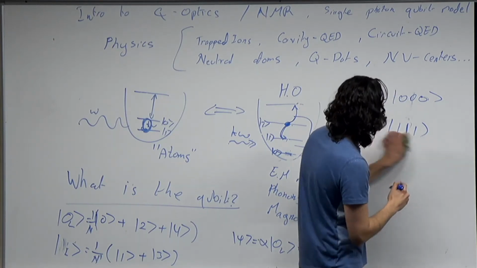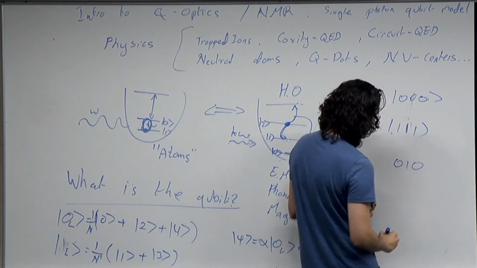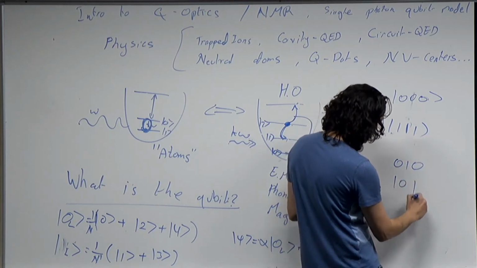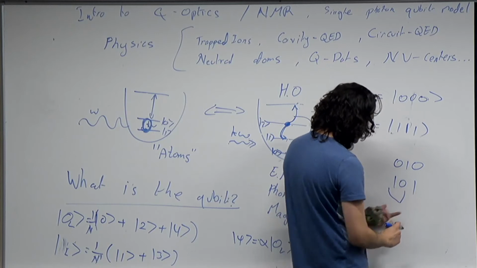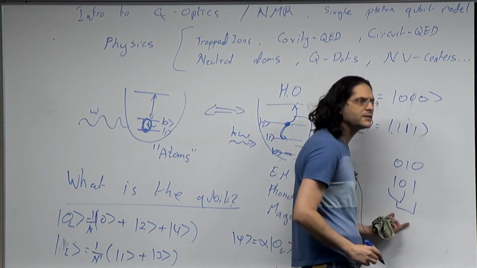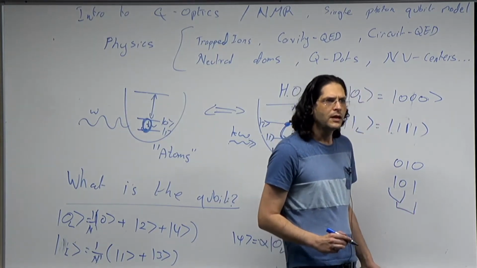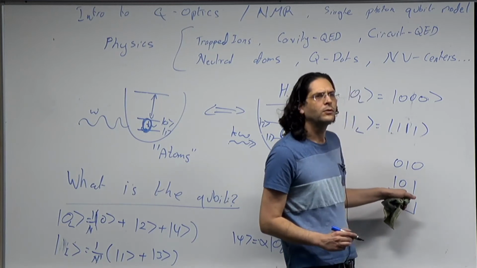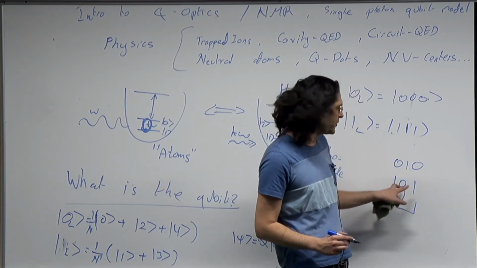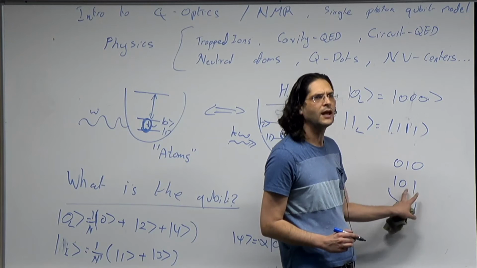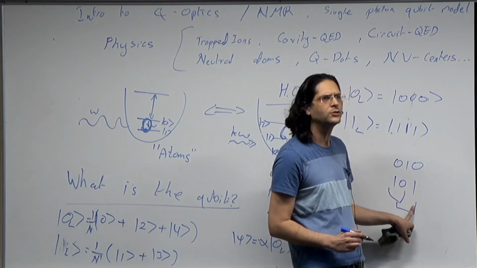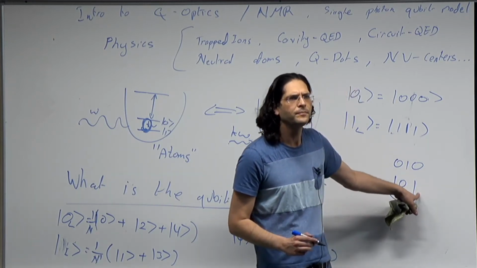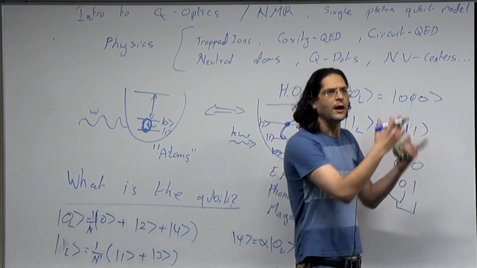You ask these two, are you the same? And you ask these two, are you the same? If both tell you no, you know the middle qubit flipped. If this tells you yes and this tells you no, you know this is flipped. So you can do a bit flip correction.